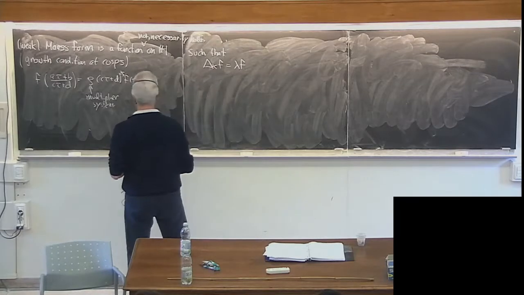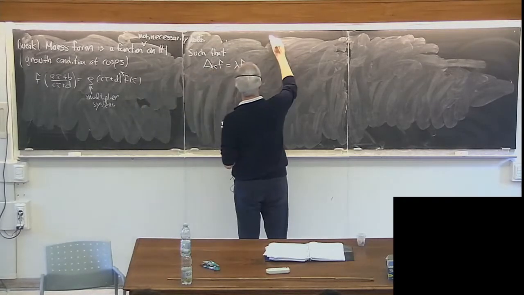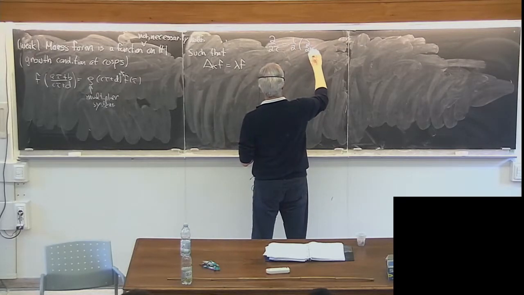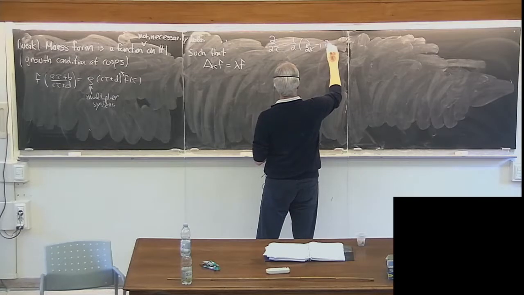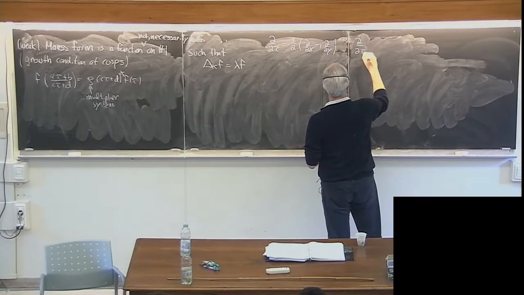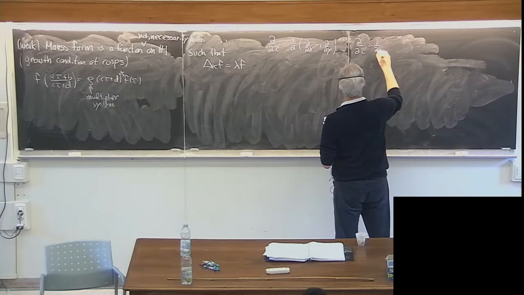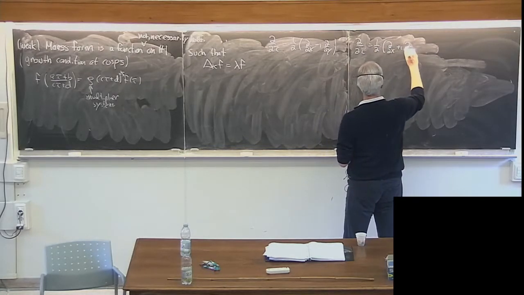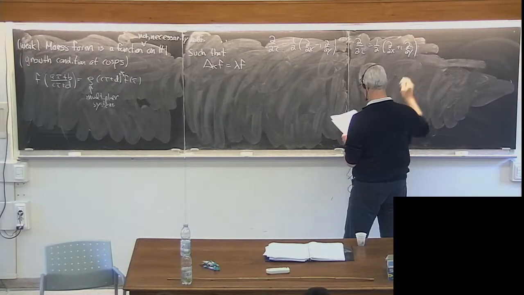Just to be absolutely clear, in the definition of this, I should have told you that d by d tau is 1/2 d by dx minus i d by dy, and that d by d tau bar is given by that.